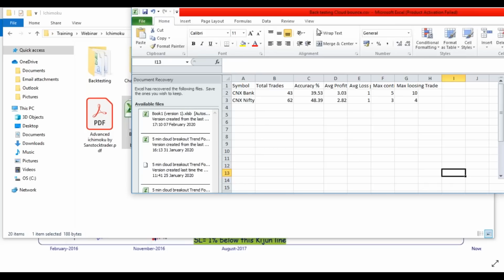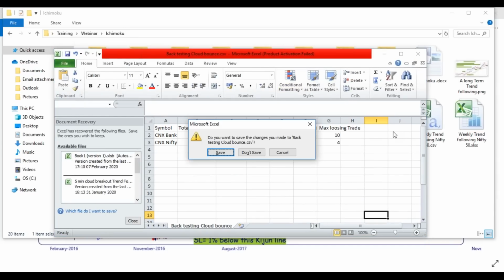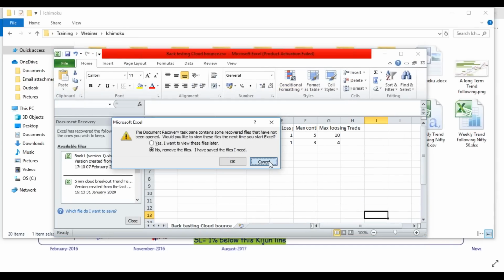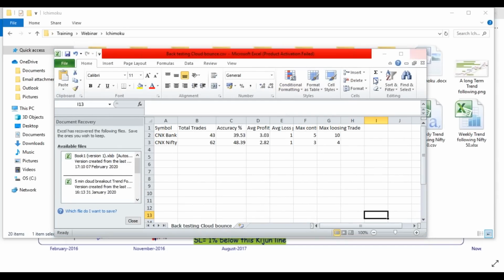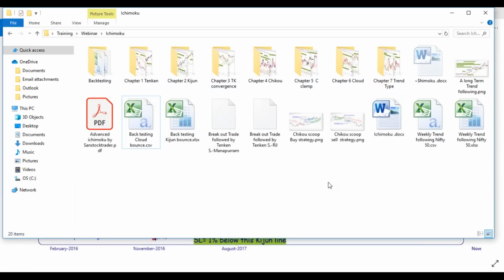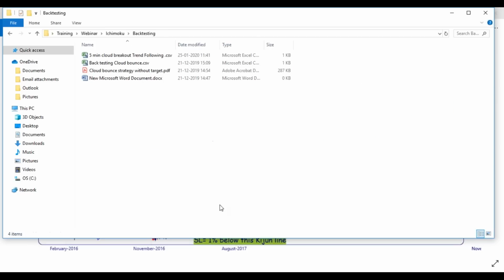Let me show one more strategy backtesting. I had backtested a simple strategy. Okay, this is a backtesting of a strategy using the 5-minute chart.